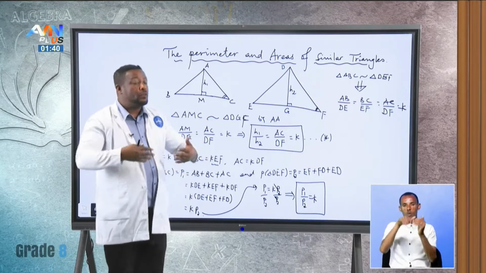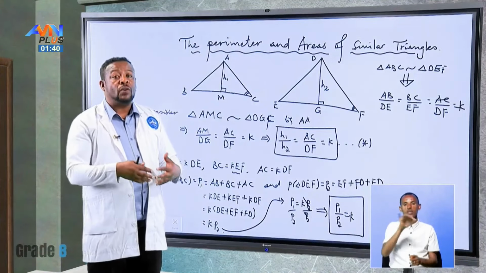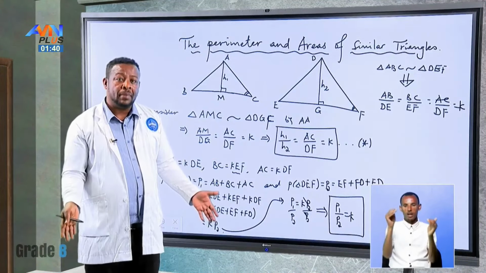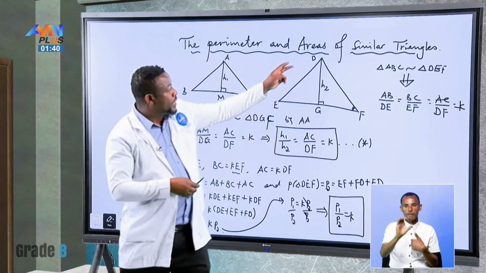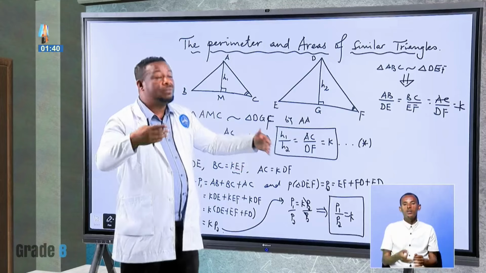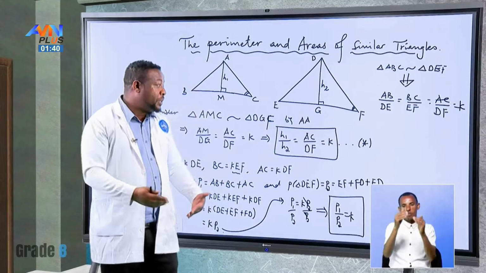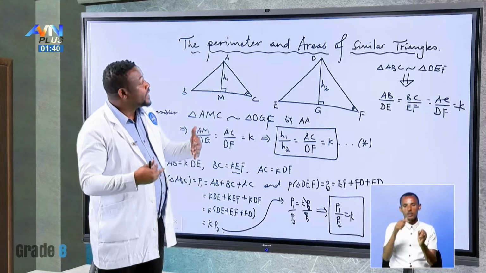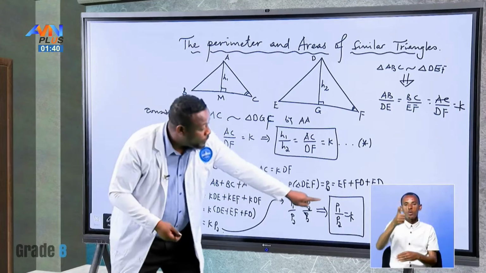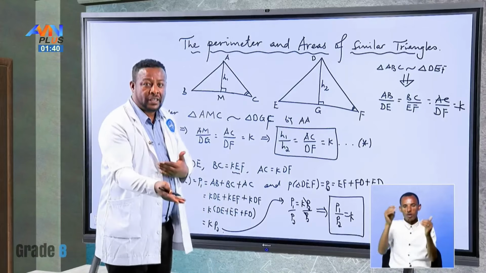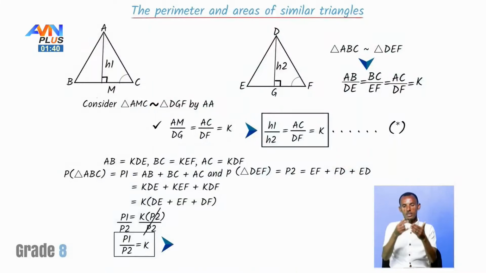We all know that if two triangles are similar, the ratio of all corresponding sides is the same. That means if we have AC over DF, you will have a certain proportionality K. So from this, we can say that if two triangles are similar, the ratio of the corresponding altitudes is also constant. The ratio of the perimeters of the two triangles is also constant. So this leads us to the conclusion H1 by H2 is the same as P1 by P2.